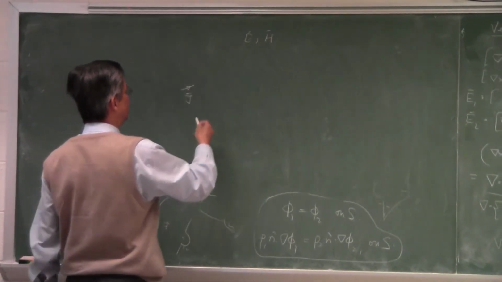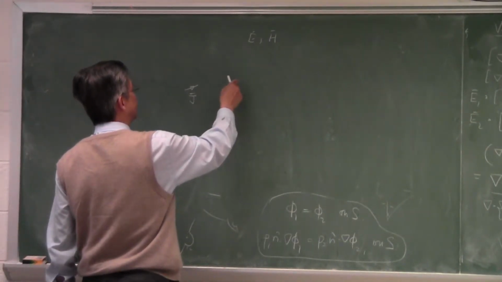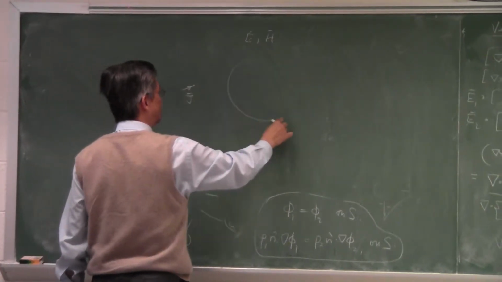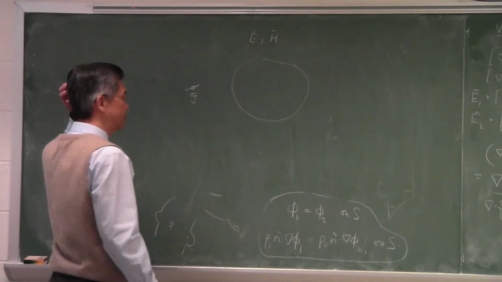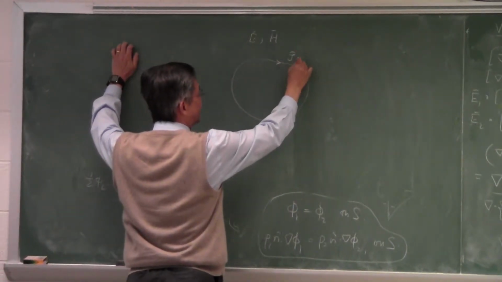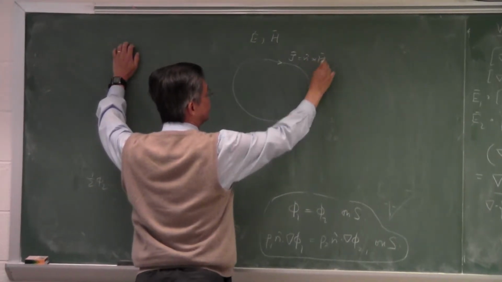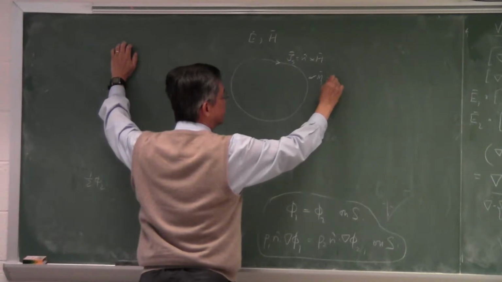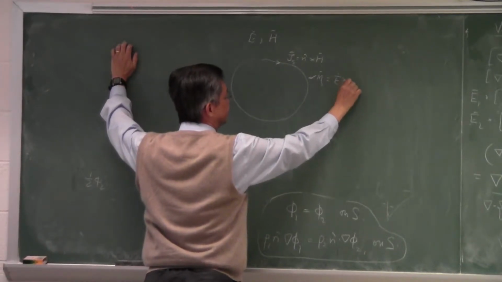You can actually show by the mathematics that if I have a surface over here, and then on this surface I impose J equal to n cross H, M equal to E cross n, for instance.